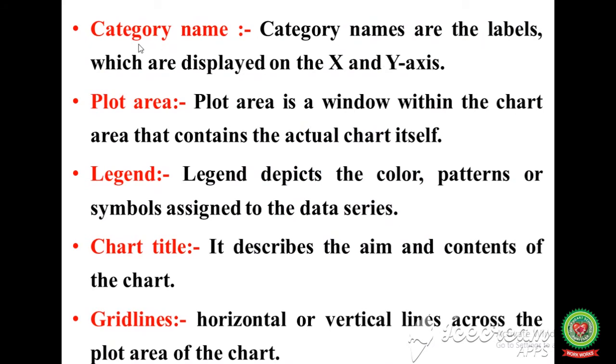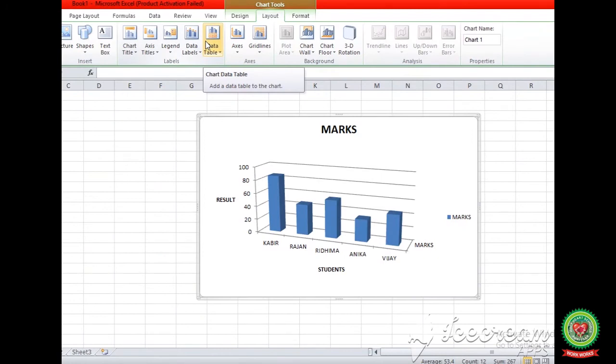Next component is category name. Category names are the labels which are displayed on x-axis and y-axis. Here you can see two labels. This is the x-axis label and this is the y-axis label. And you can change these category names, like click on it and press the delete or backspace button, and you can give any name according to your requirement.